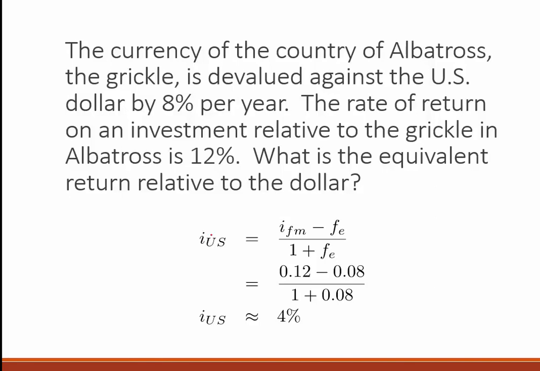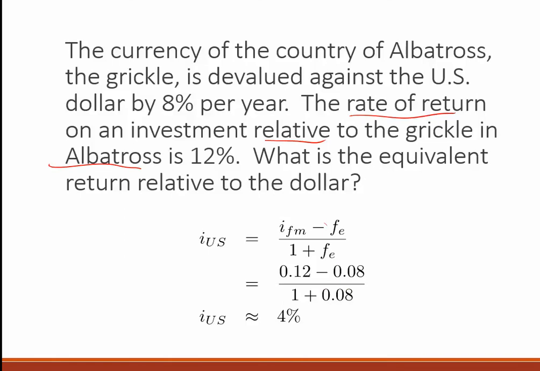So we saw that I US is equal to I FM minus F E over 1 plus F E. This is equal to 0.12, because that's the rate of return relative to a foreign country, minus F E. It's being devalued, so it's a positive number, 8%, over 1 plus 0.08.